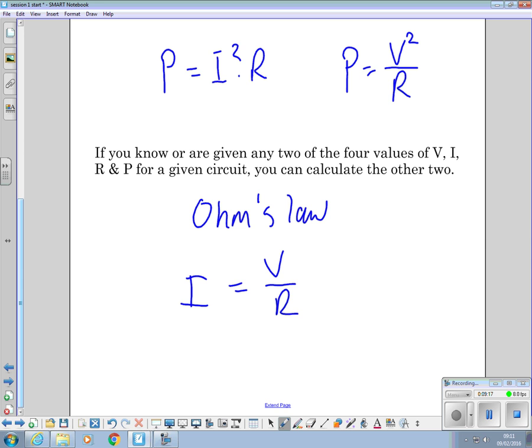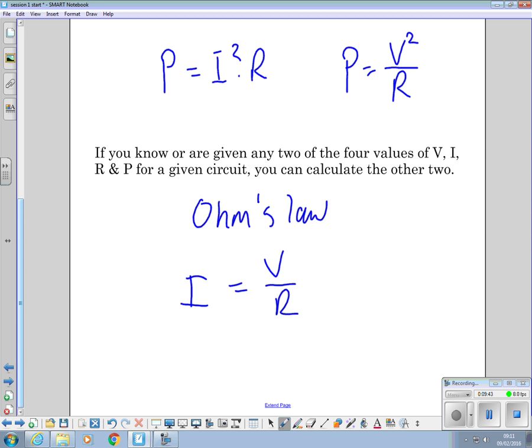Once you know those four, if you're given any two of the current, voltage, power and resistance, you can find the other two using a combination of those formulae. We'll be doing some work on that in the tutorial session later in your smaller groups.